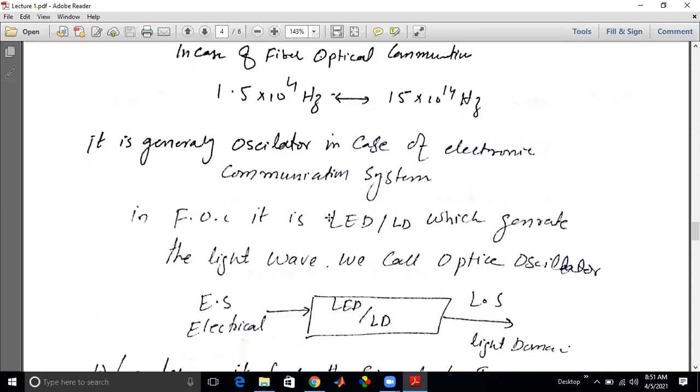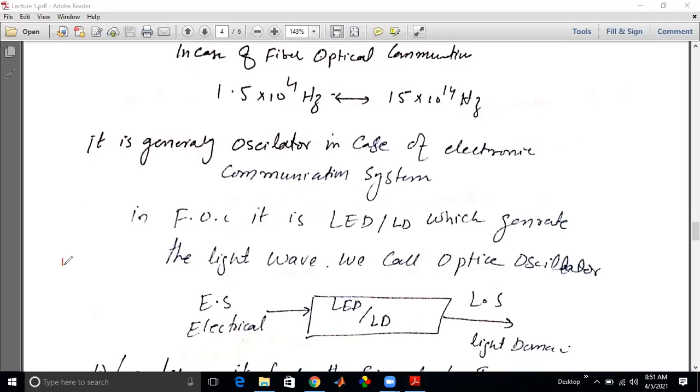How these work, we will study in our course. Simply, when an electrical signal is applied to an LED or laser diode, it will generate a high light signal. But this light signal will be in the form of a code, which is called the light code.